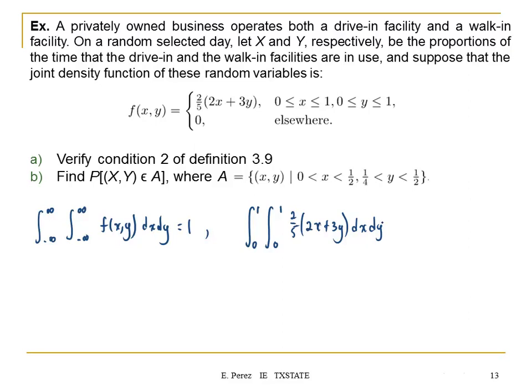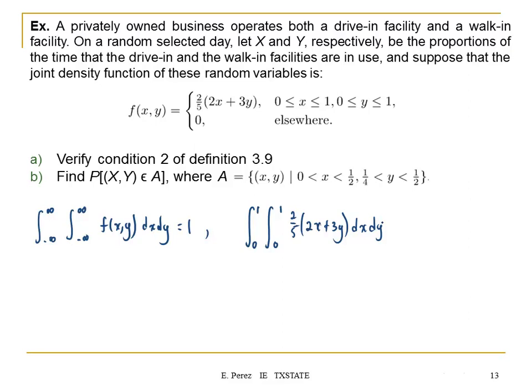The function comes from here, the ranges come from here, and now we're looking at that probability. And what should be the result? 1. If it is 1, then we satisfy the condition of being a probability density function for both variables.